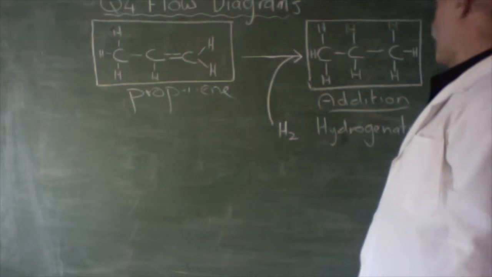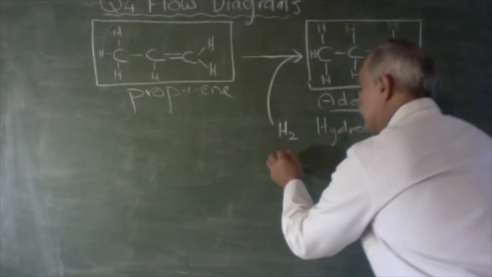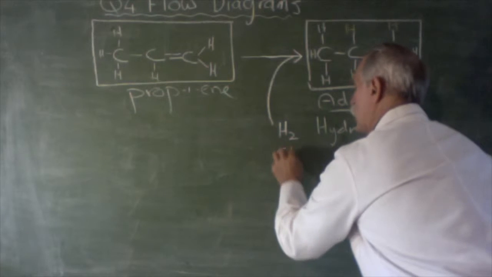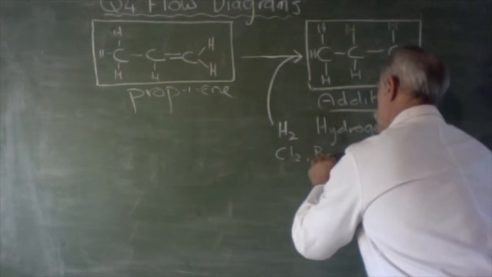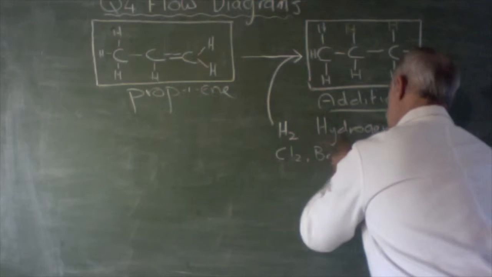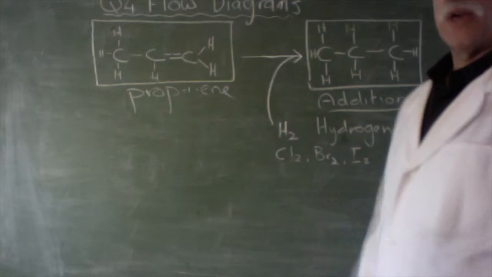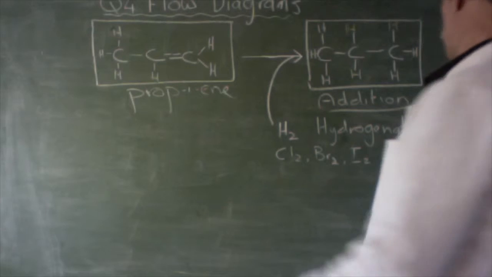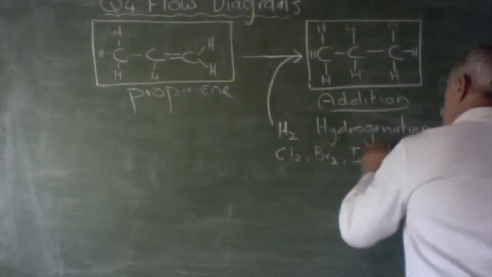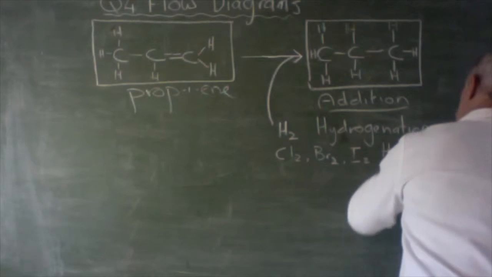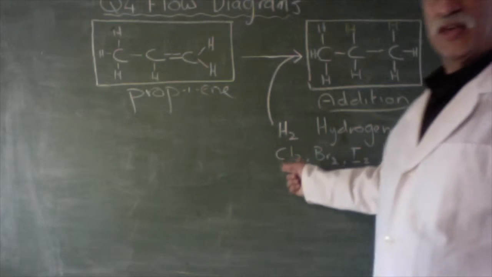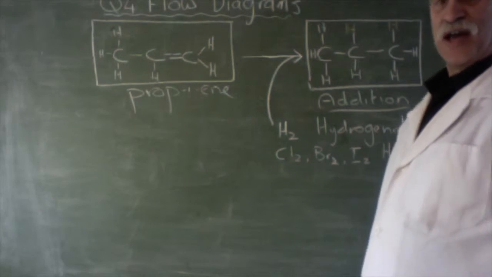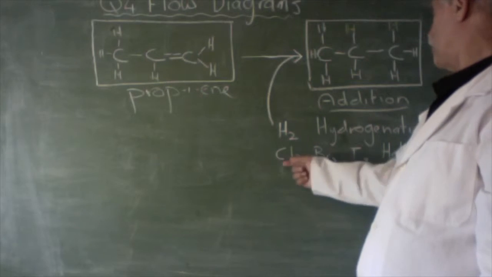So if we add hydrogen, hydrogenation. Let's suppose we add, say, chlorine or bromine or iodine. Then we're adding halogens. Then this is called halogenation. So that's when we're adding the halogens, or the group 7 compounds.